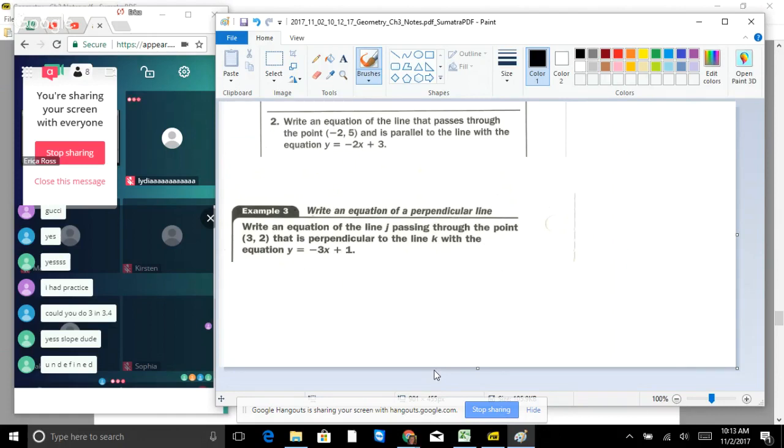We can still use our geometry and our algebra together to solve these kinds of problems. What we want to talk about is one of the most famous equations in algebra and math in general, and that is a linear equation.